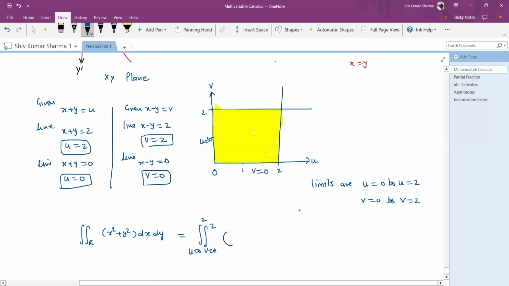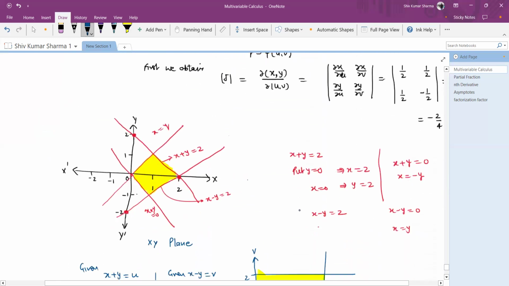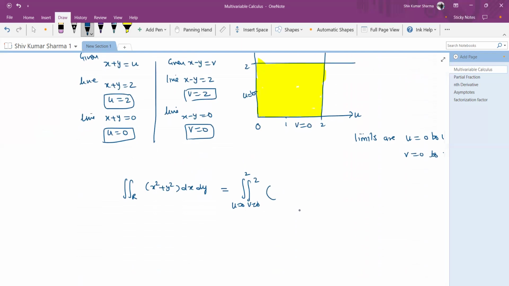What is the value of x? The value of x is u plus v upon 2, and y is u minus v upon 2.